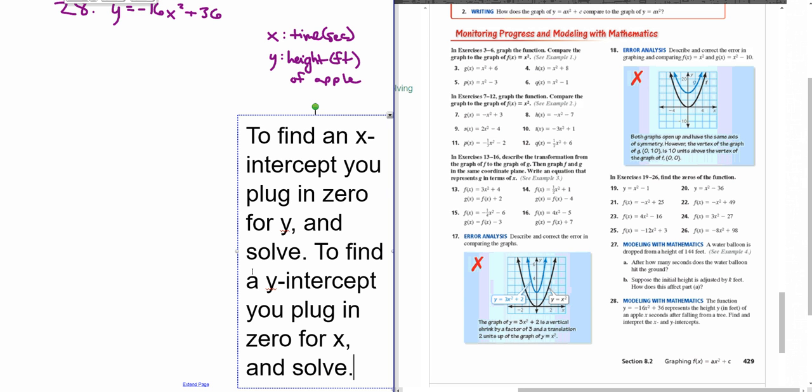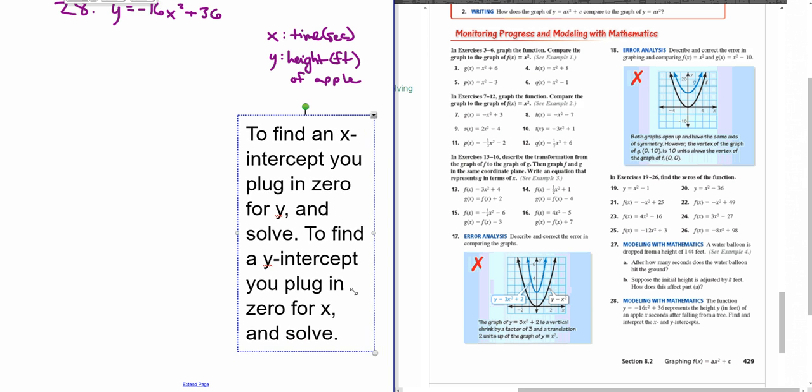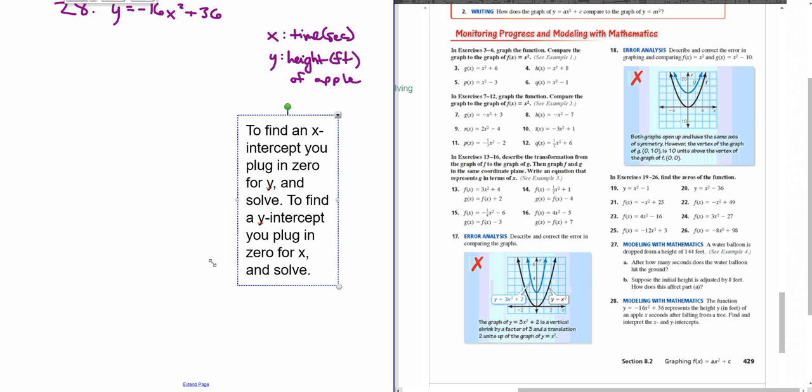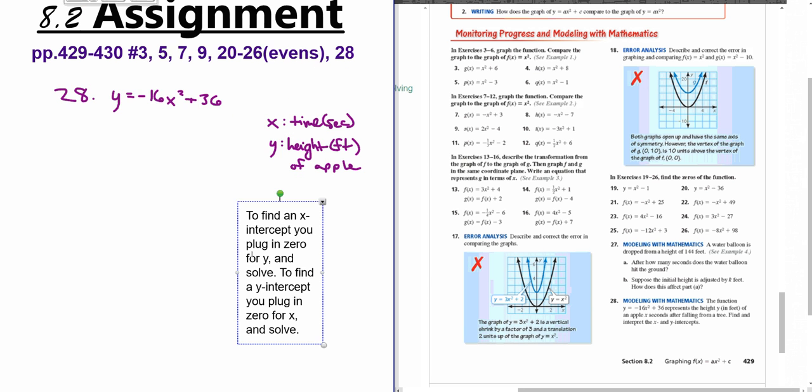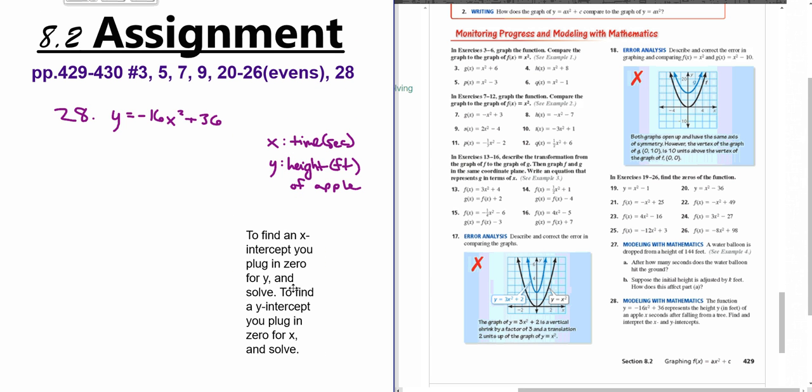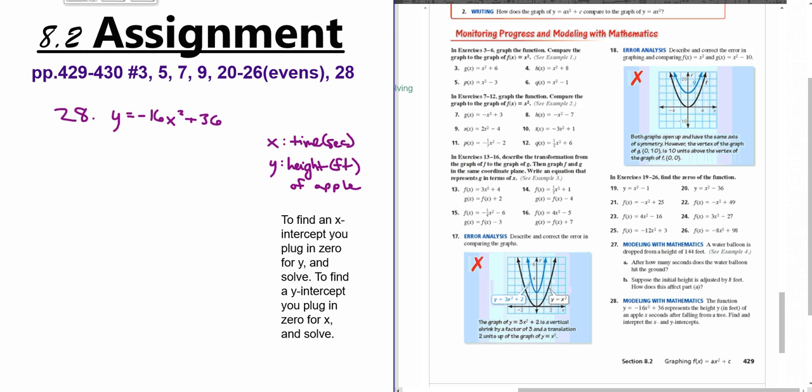So you've been doing that since middle school, so that's nothing new there. All right. So what I'm going to do is start by finding the x-intercept. And again, to find an x-intercept, you plug in 0 for y.